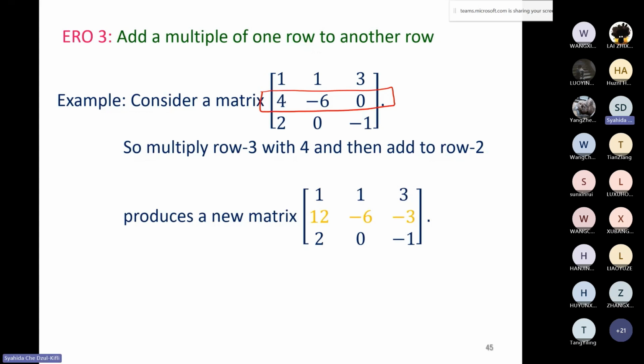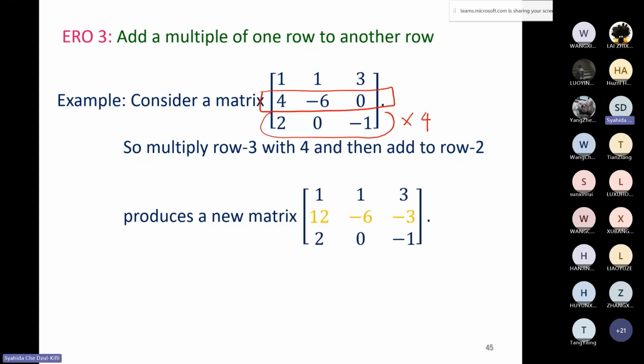I am going to change row number 2 by using row number 3 with a constant 4.